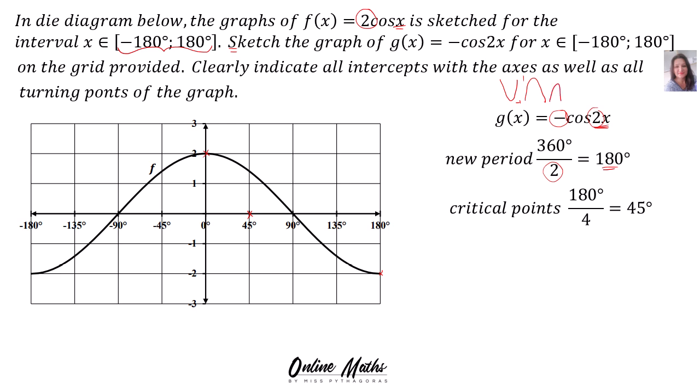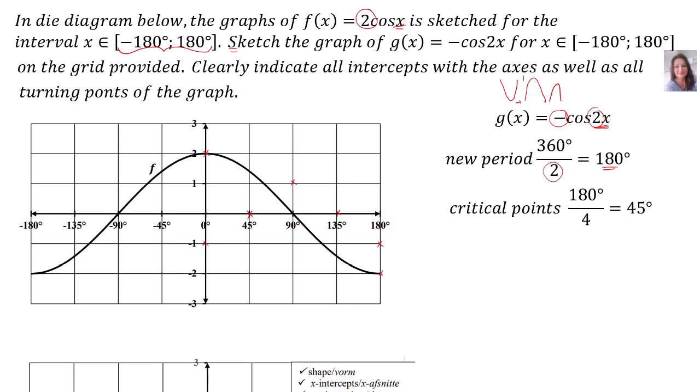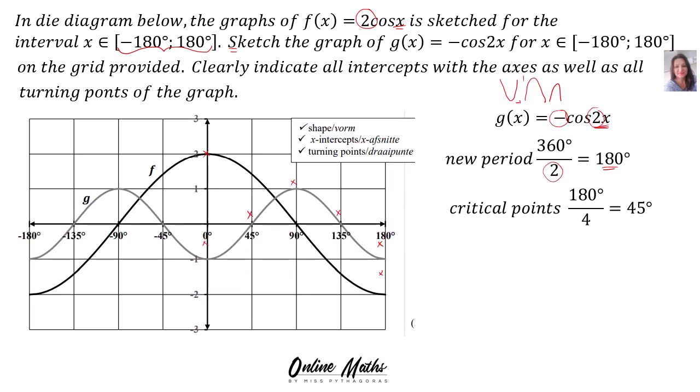So it will start at -1, it will cut at 45, it will turn at 90 and 1, it will cut at 135, and it will stop here at 180 degrees and -1. And there's your complete sketch now. There's a complete graph in the interval 180 degrees, in the period 180 degrees.